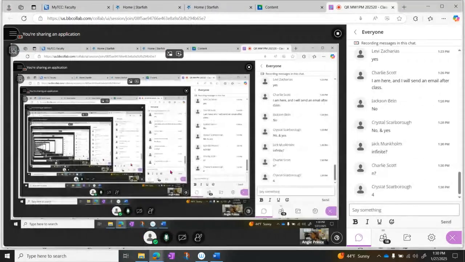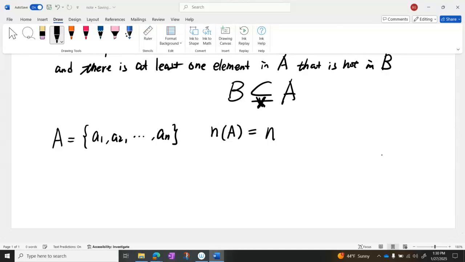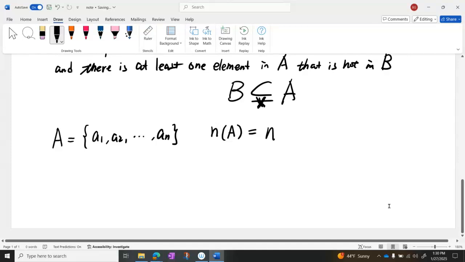N, yes, not infinite, it is finite. Not 4. The dots here mean a lot in between. So a sub 1, a sub 2, a sub 3, a sub 4, a sub 5, and so on continue until a sub n. What's the value of n? We don't know. Okay? It is a finite number. So the cardinal number of the set is n. N could be any natural number.